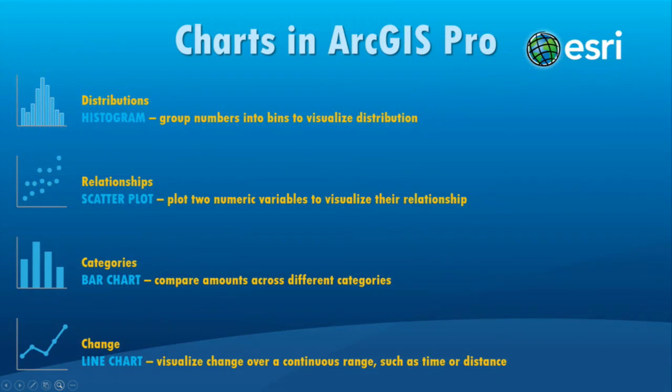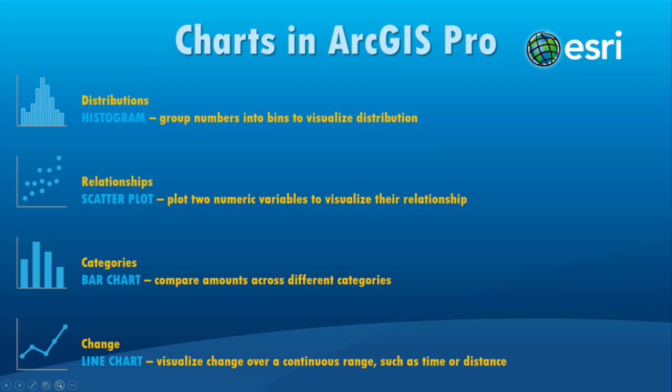And this morning I'm going to focus on some of our new charting capabilities in ArcGIS Pro as a means of exploring your data. We currently have 4 chart types in ArcGIS Pro. We have histograms, which help us explore the distribution of our data in data space.